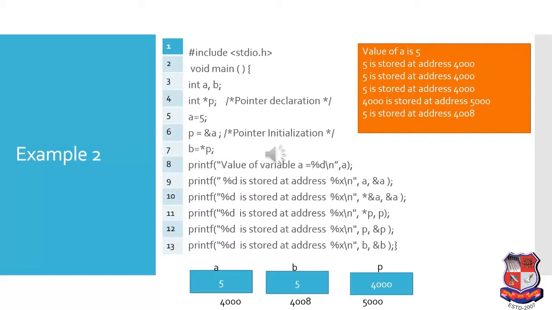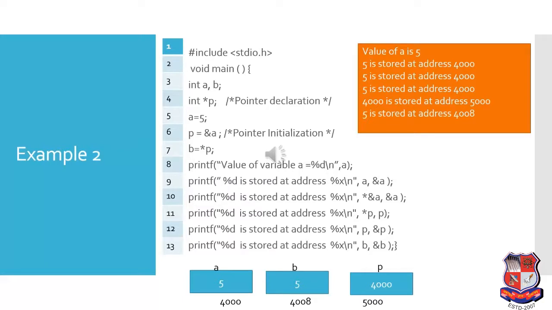The value at 4000 is 5. That means B is assigned the value 5. Clear? This is a very important statement. Now, line number 8, you are displaying the value of A. So, what will be displayed? 5. You can see the orange box which shows the output.